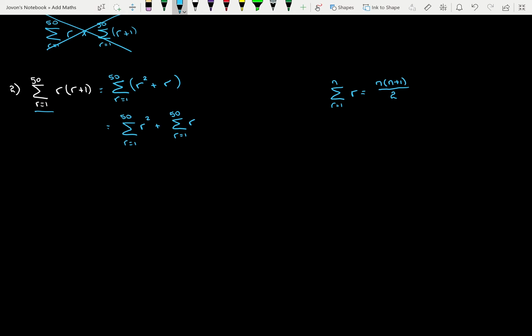So this would therefore be equal to 50 into 50 plus 1 multiplied by 2 times 50 plus 1, which is equal to 100 plus 1 all over 6, plus 50 multiplied by 50 plus 1 all over 2.